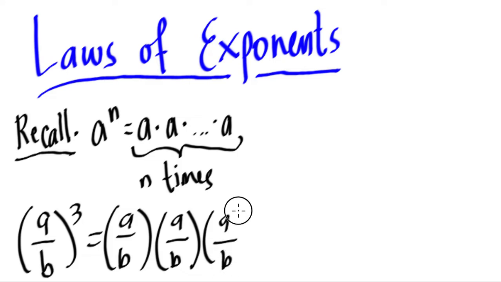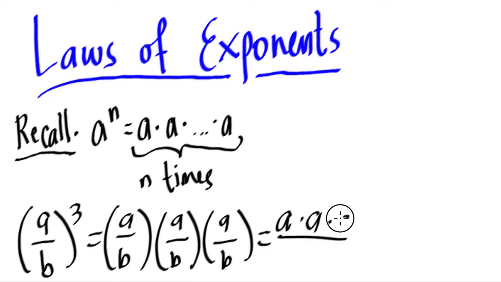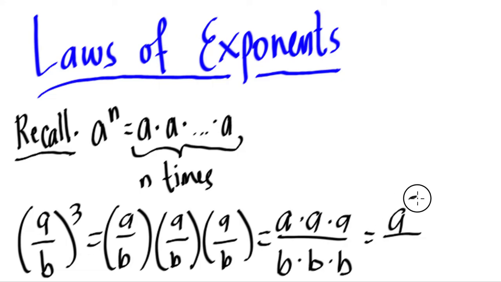By the laws of multiplying integers or algebraic expressions, we multiply numerator to numerator, denominator to denominator. What we will have is a times a times a, and in the denominator we have b times b times b. So we can collect all the b's here and make it a single term, but put an exponent. So this becomes a cubed, and this becomes b cubed.